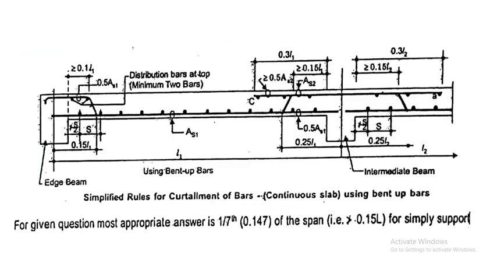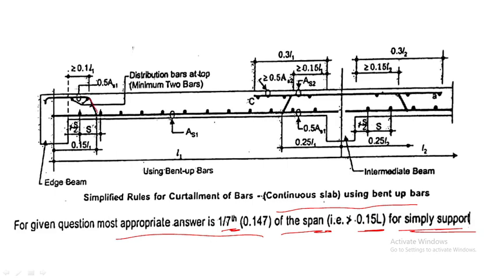Okay, and the last one, simplified rules for the curtailment of bars in a continuous slab using bent up bars, right? So 1/7 of the span, that is 0.15L for the simply supported. By seeing this sketch you can easily remember the rules for the curtailment of a continuous slab using bent up bars. It is very easy.